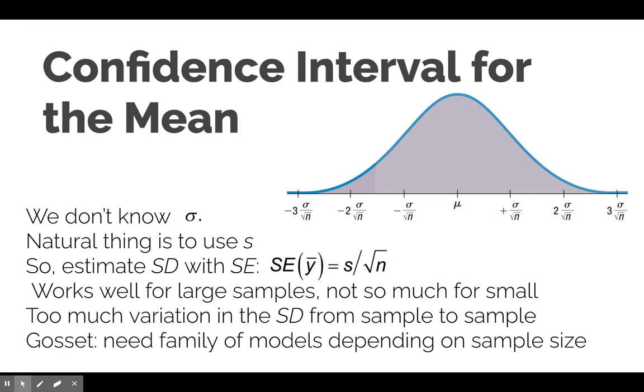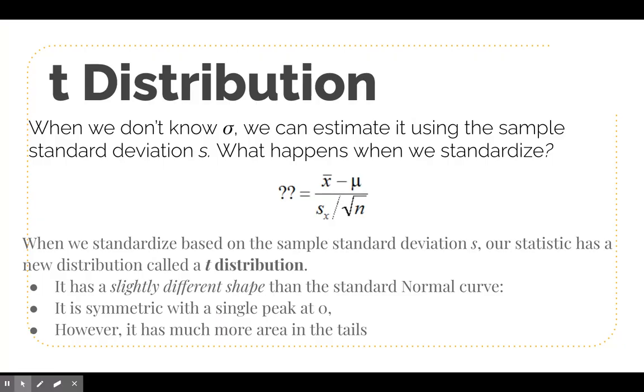A statistician named Gossett recognized the need for models other than the normal model because that needed to change based on sample size. So a normal model, it turns out, is not as effective when you're working with means as other models are. So instead of looking at normal distributions when we're dealing with means, we're going to look at the t distribution. It's a new distribution.